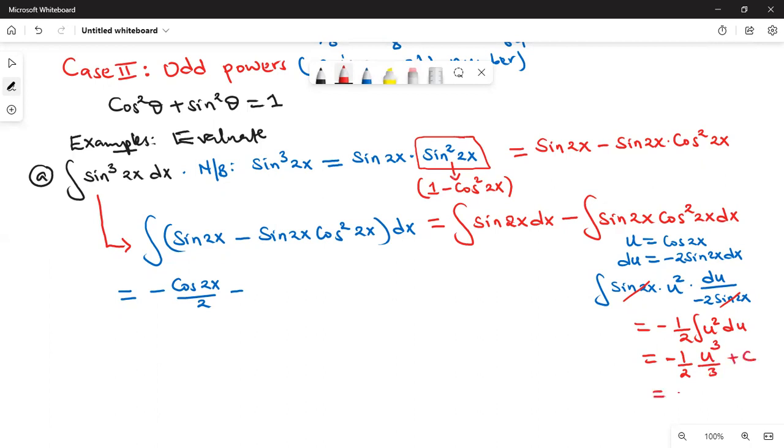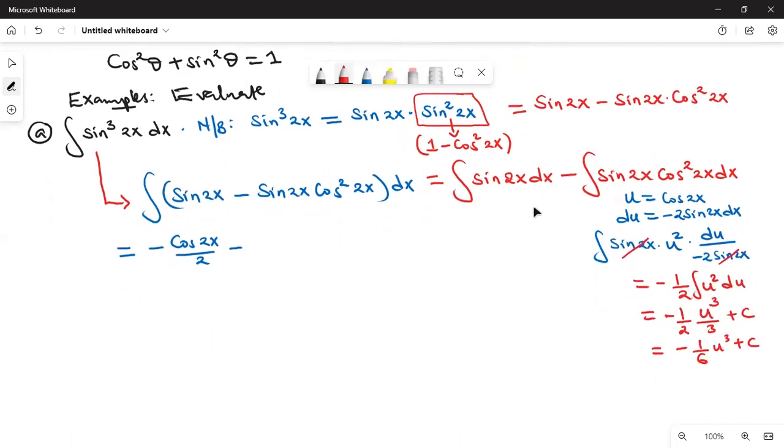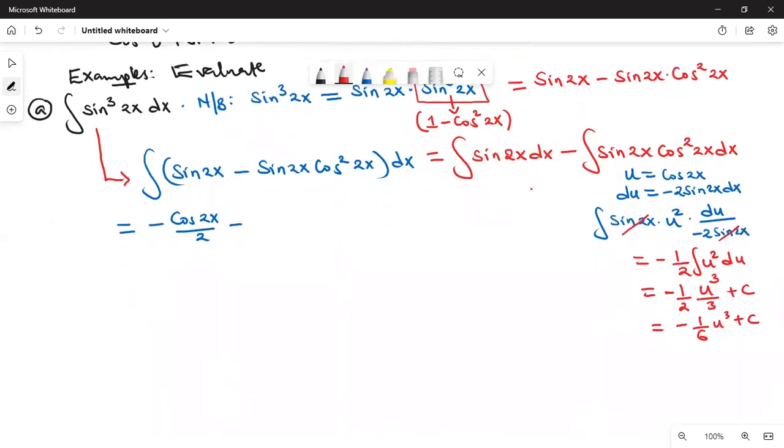So this will give you negative 1 over 6 u cubed plus c. And our u is cos 2x. So you can now write this as negative 1 over 6 cosine cubed of 2x plus c.